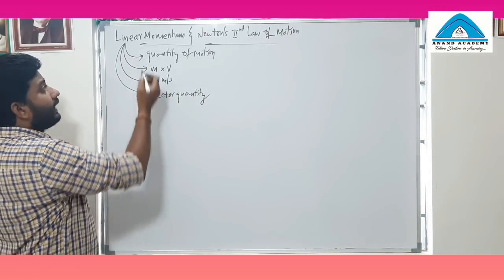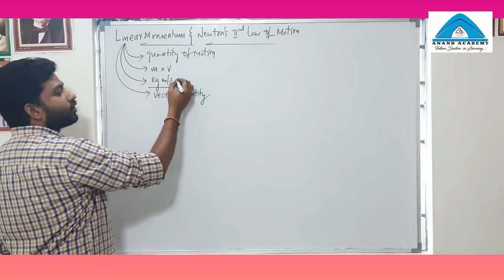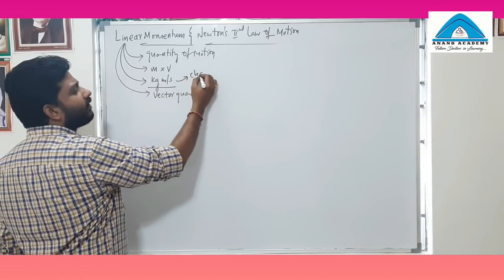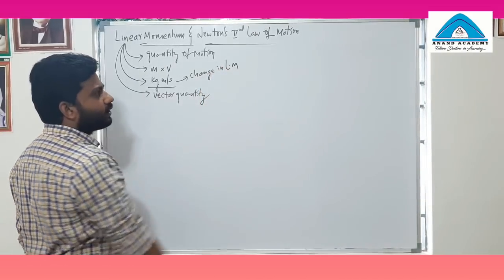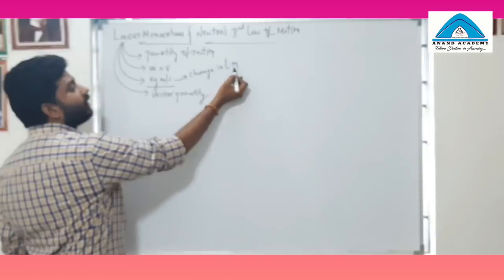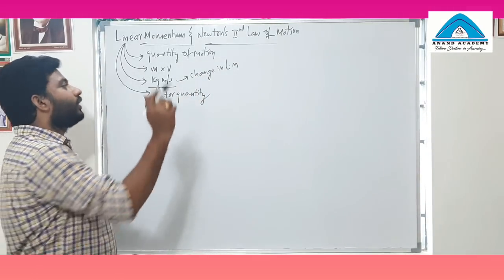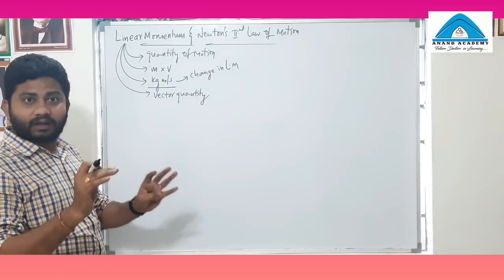So when linear momentum units are kg meter per second, the same units will be there for the change in linear momentum. The SI unit of change in linear momentum is equal to the SI unit of linear momentum. Okay, clear?